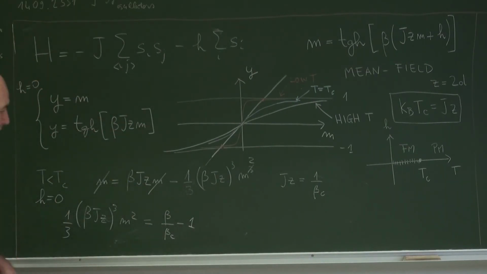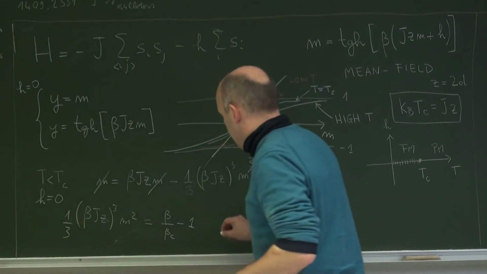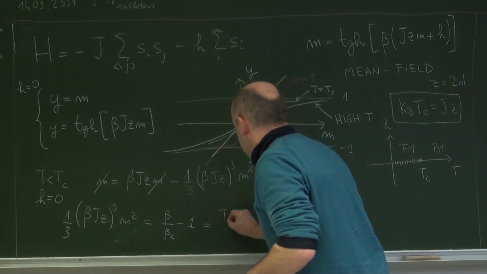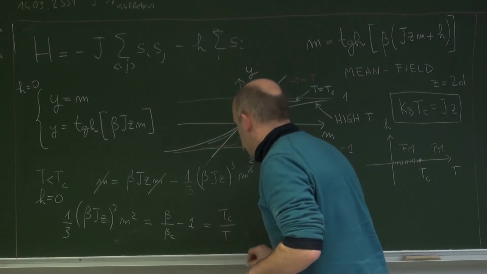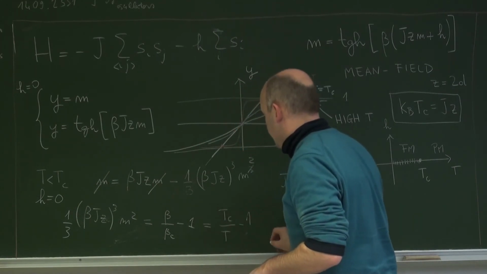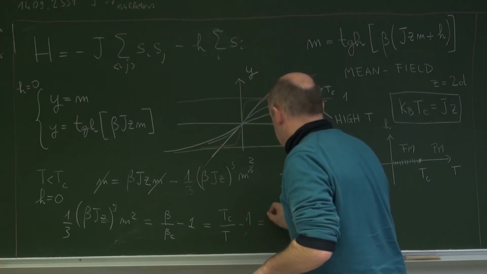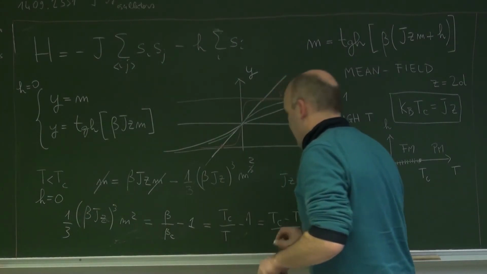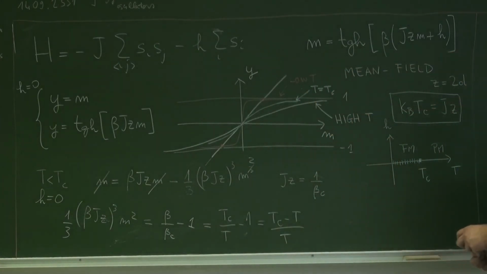Beta c minus beta is, since beta c is the critical temperature divided by T minus 1, therefore I get Tc minus T divided by T. And this is the relation.